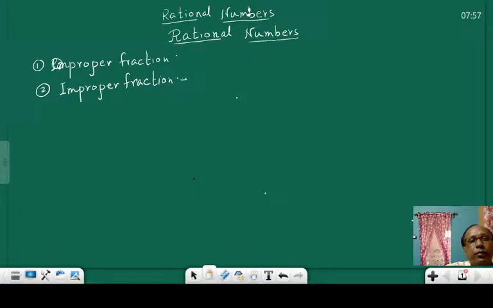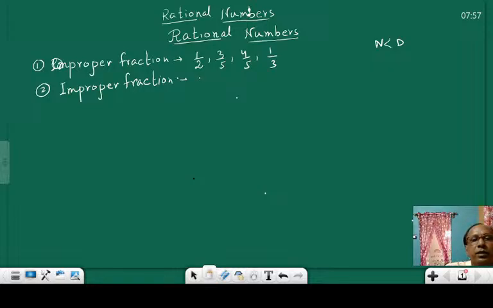We know that proper fractions are those fractions in which the numerator is less than denominator, that is 1 by 2, 3 by 5, 4 by 5, or 1 by 3. These are the proper fractions.